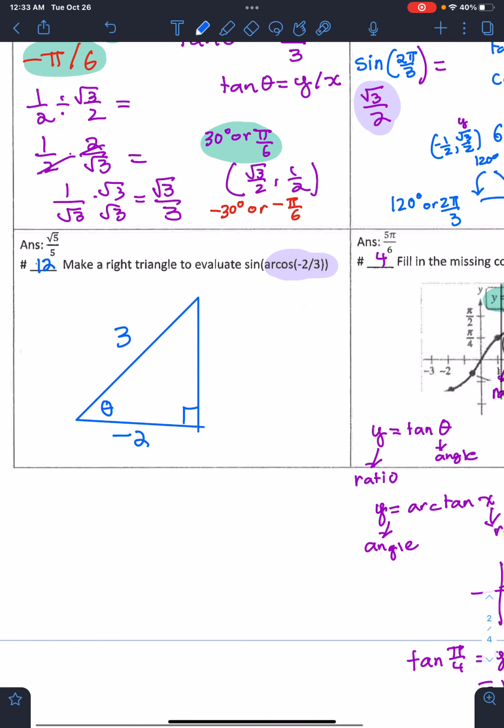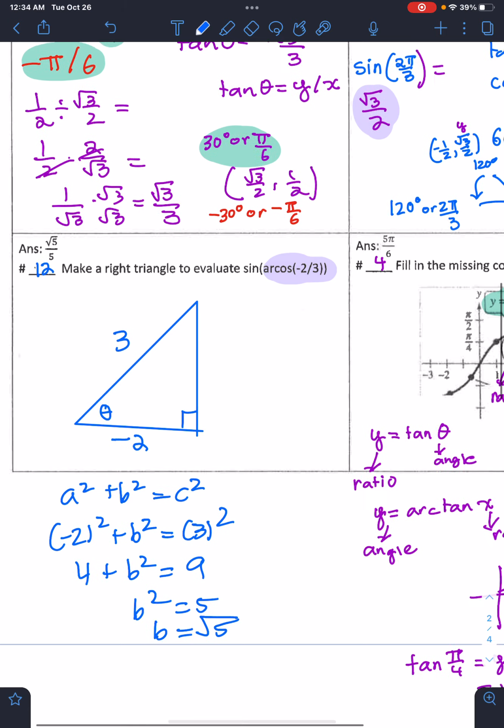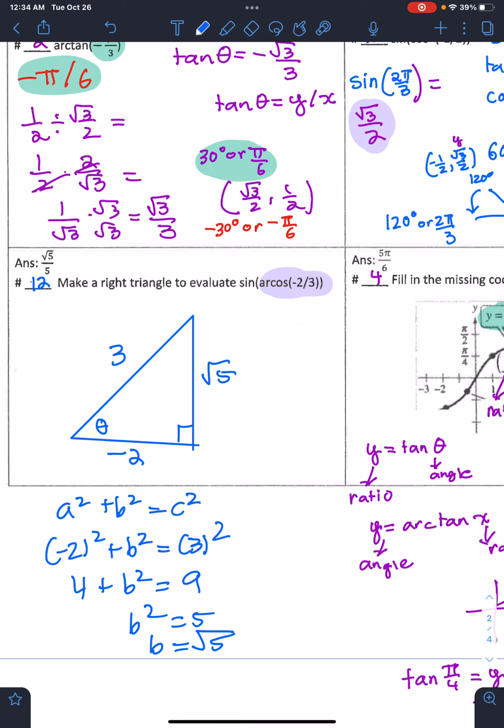So once again, I could do a squared plus b squared equals c squared. And I want you to notice here that we don't know one of the legs, but we do know the hypotenuse. And if we do this real quick, you're going to get the square root of 5. Another thing I want to clarify is, how did I know that 2 is negative? Well, I know the hypotenuse is always positive, so that meant that -2 has to be negative.